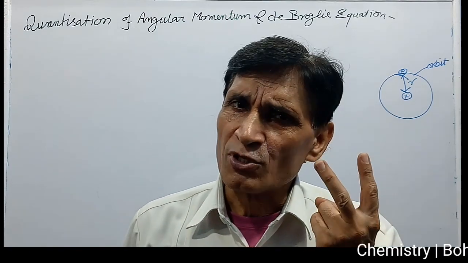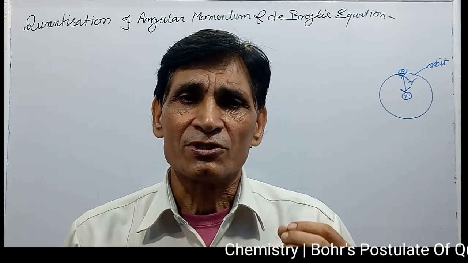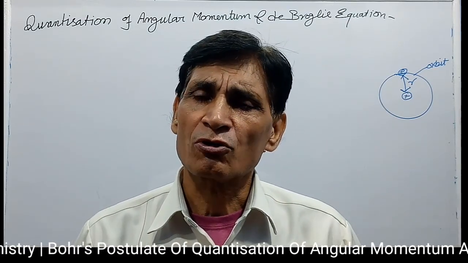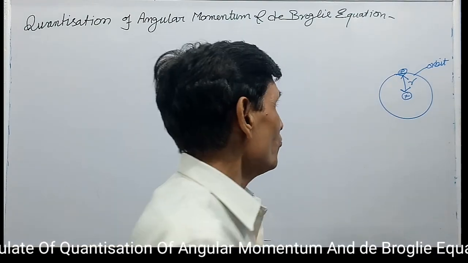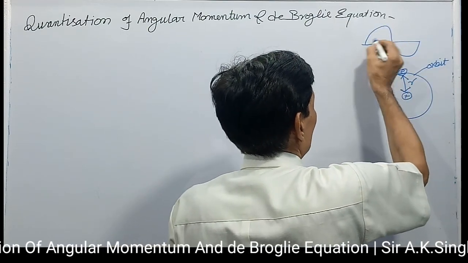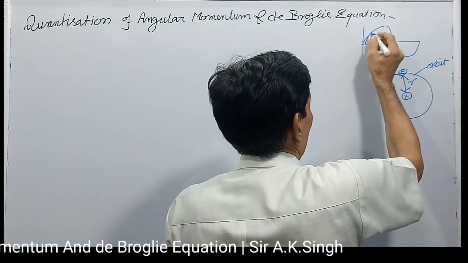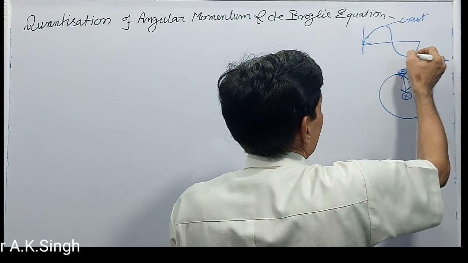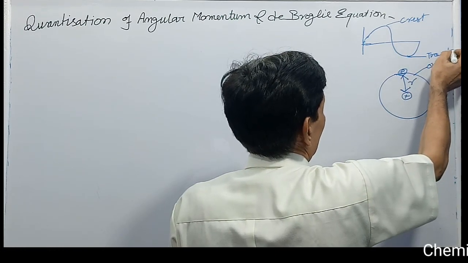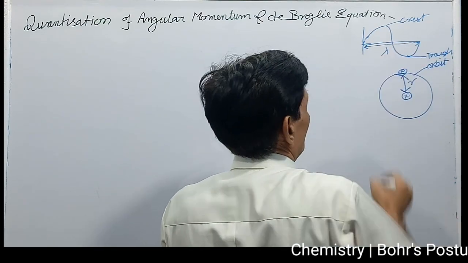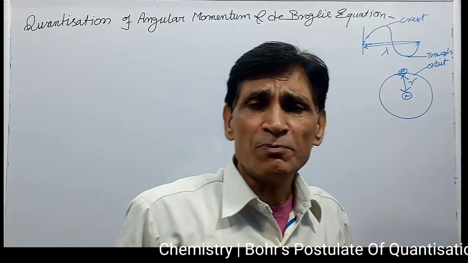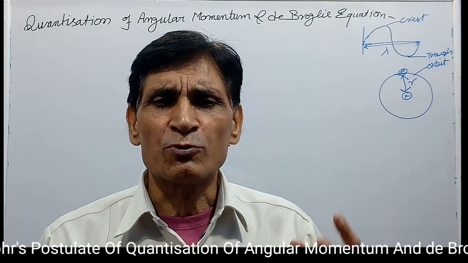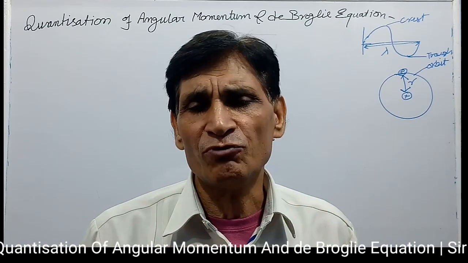Third point, there are two types of electron waves. A wave in which the two ends meet to produce a regular series of crest and trough is called in phase, or constructive. This is a wave: this is called crest, this is called trough, and this is called wavelength, lambda. The second type is when the two ends do not meet to produce a regular series of crest and trough; then the wave is out of phase.